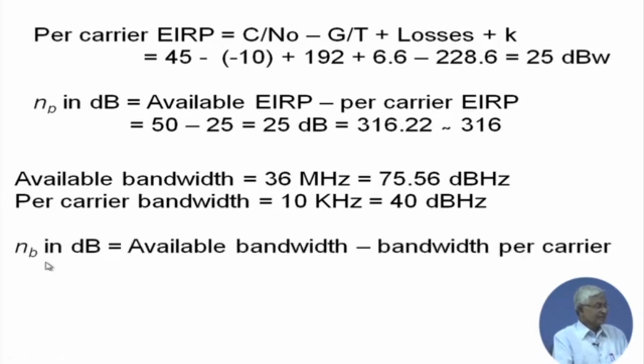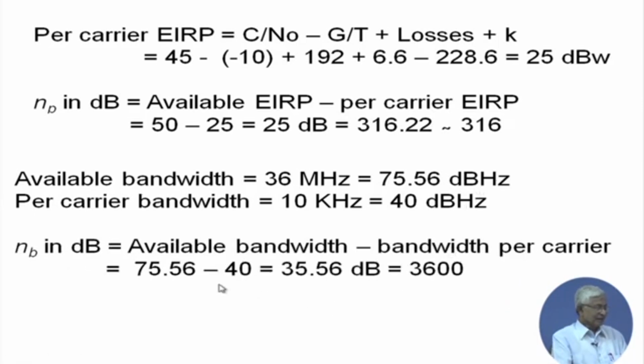So NB, the available, is done in dB, and we got a number 3600. Obviously 36 megahertz divided by 10 kilohertz is 3600. So NB, bandwidth wise, I get a possibility of putting 3600 carriers, whereas power wise it is possible to put only 316 carriers.